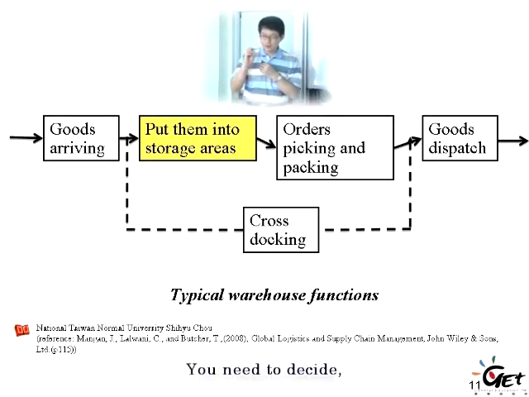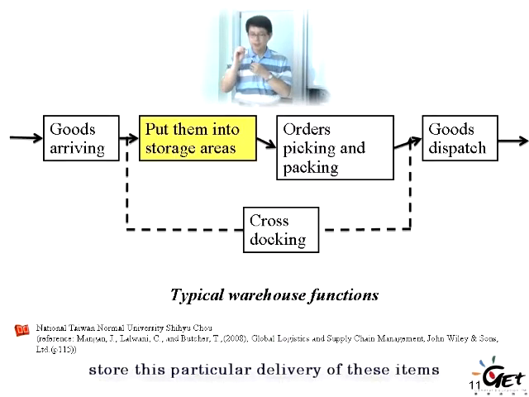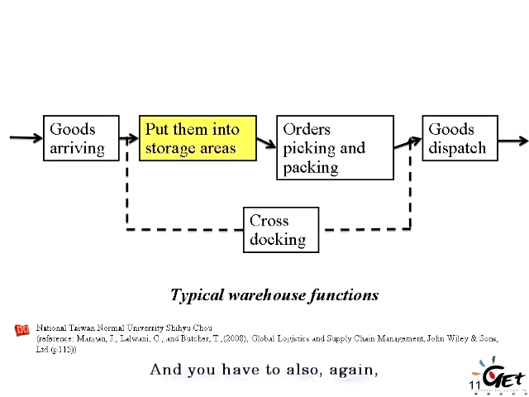Then you need to determine which locations you want to store this particular delivery or these items, okay? And you have to also record the information on where these items are stored, which locations in the warehouse, okay?